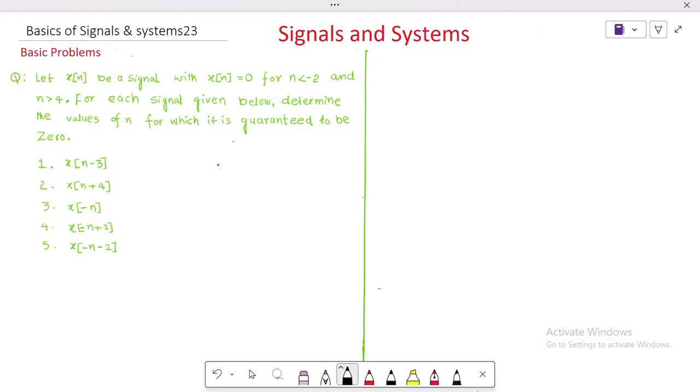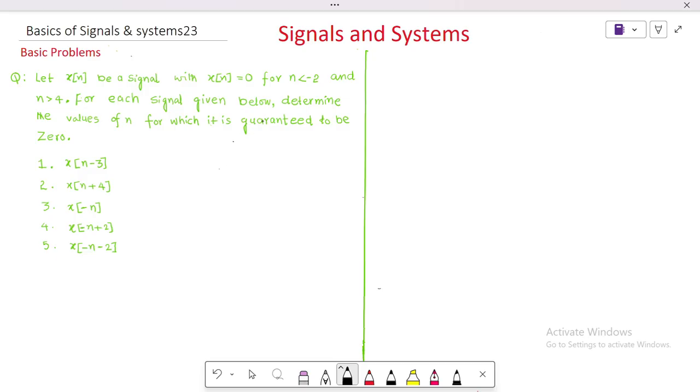Then time invariant: the system behavior or characteristic is fixed over time. The characteristic never changes with respect to time, it maintains constant. Then it is said to be time invariant. If the characteristic varies with respect to time, that is called a time variant system.